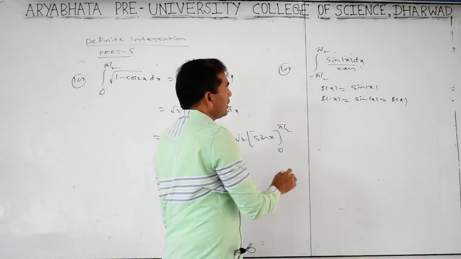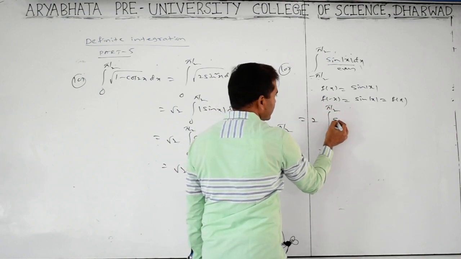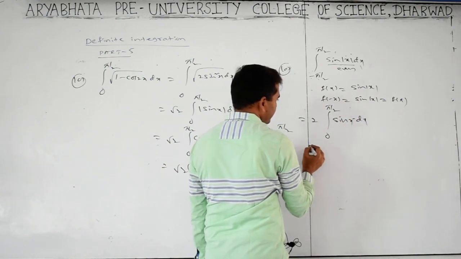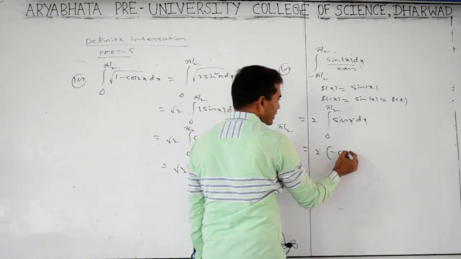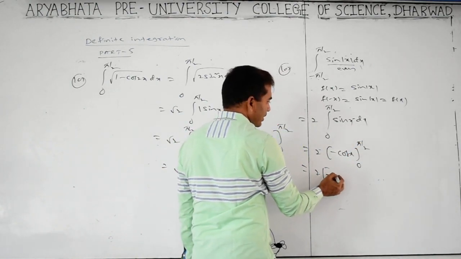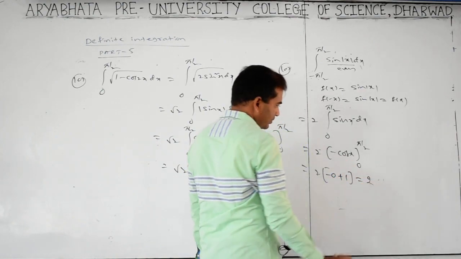It is even. When it is even, by property 2, it is 2 times integral 0 to pi by 2 of sin x dx, as in this interval it is positive. Sin x integration is minus cos x, limits 0 to pi by 2. Minus cos pi by 2 is 0, and the lower limit cos 0 is 1. So the answer is 2.